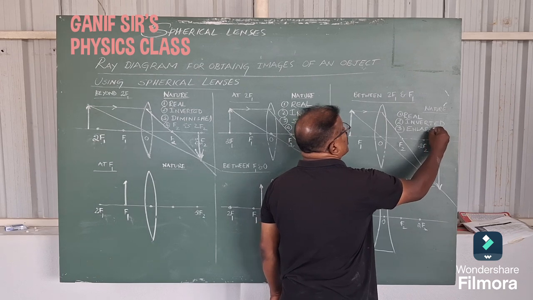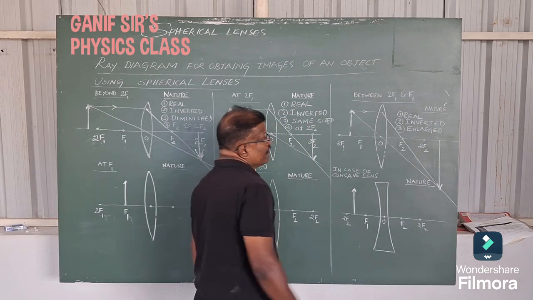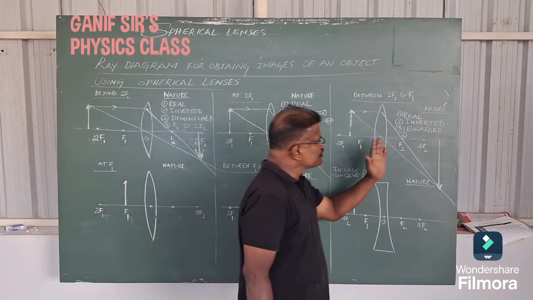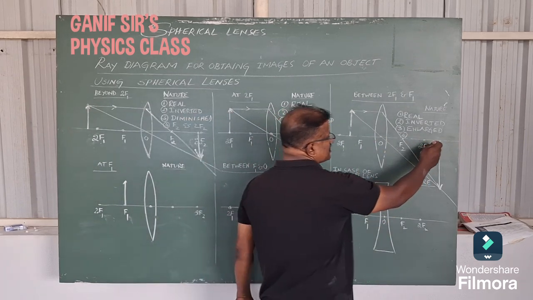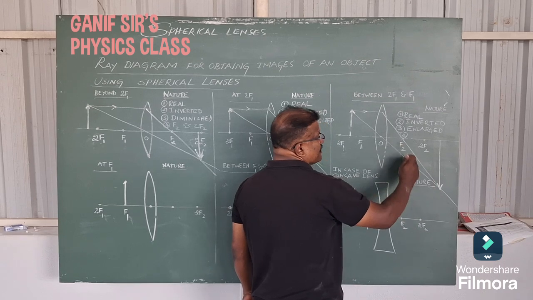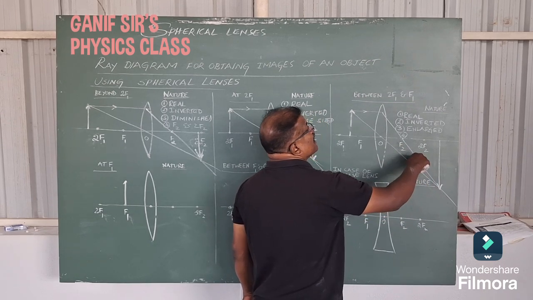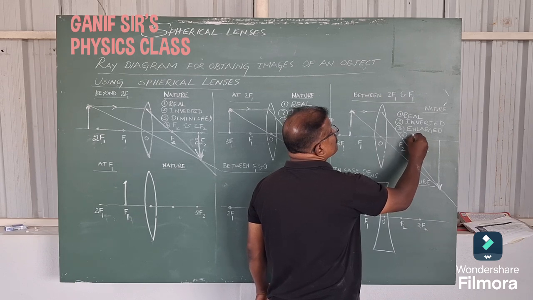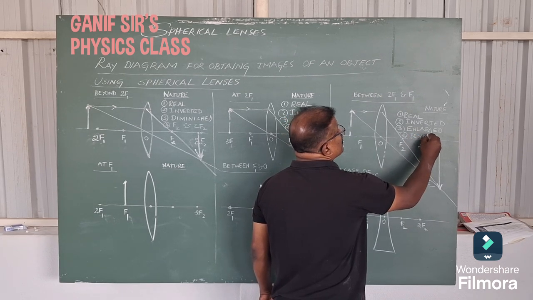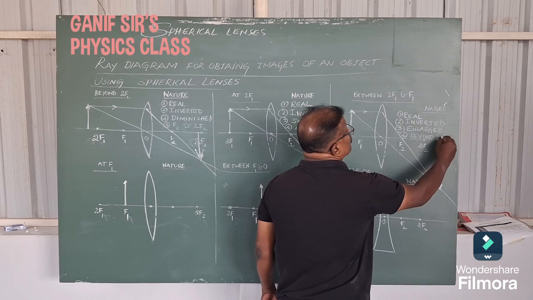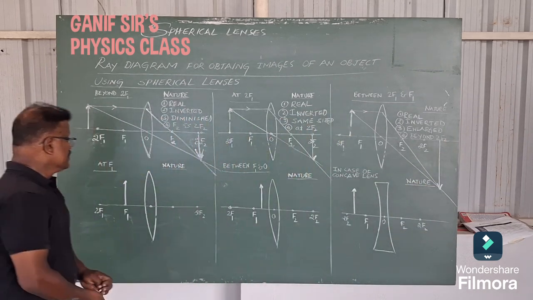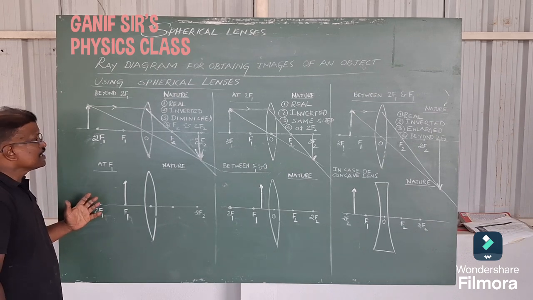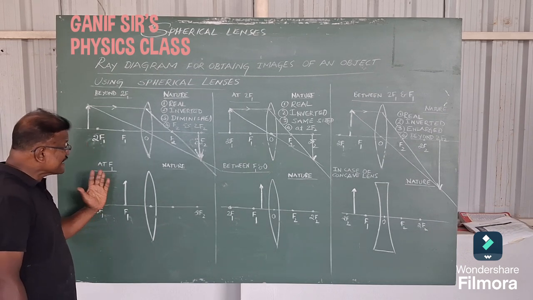The fourth is regarding the position of the image. The image is lying away from 2F2, so beyond 2F2.